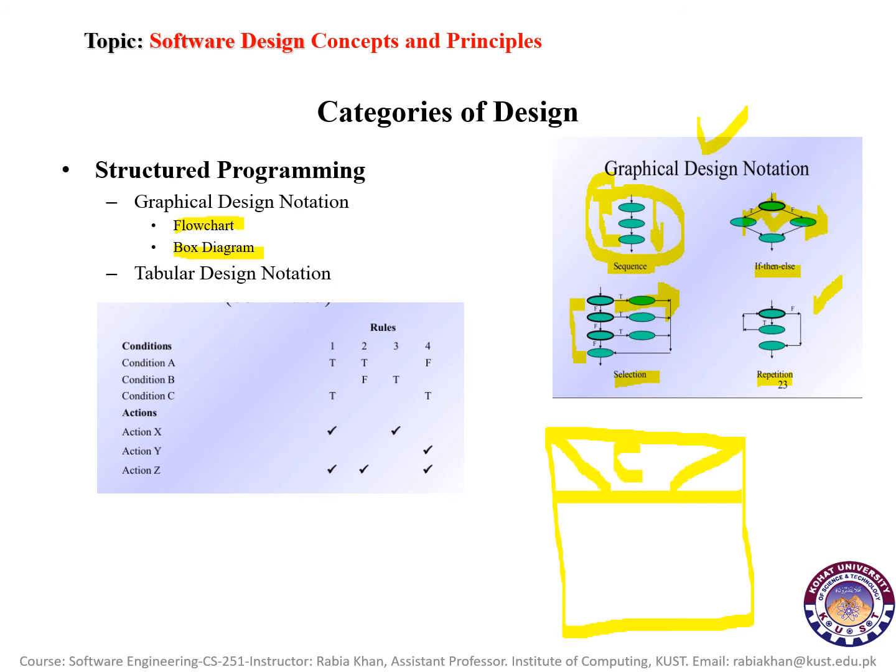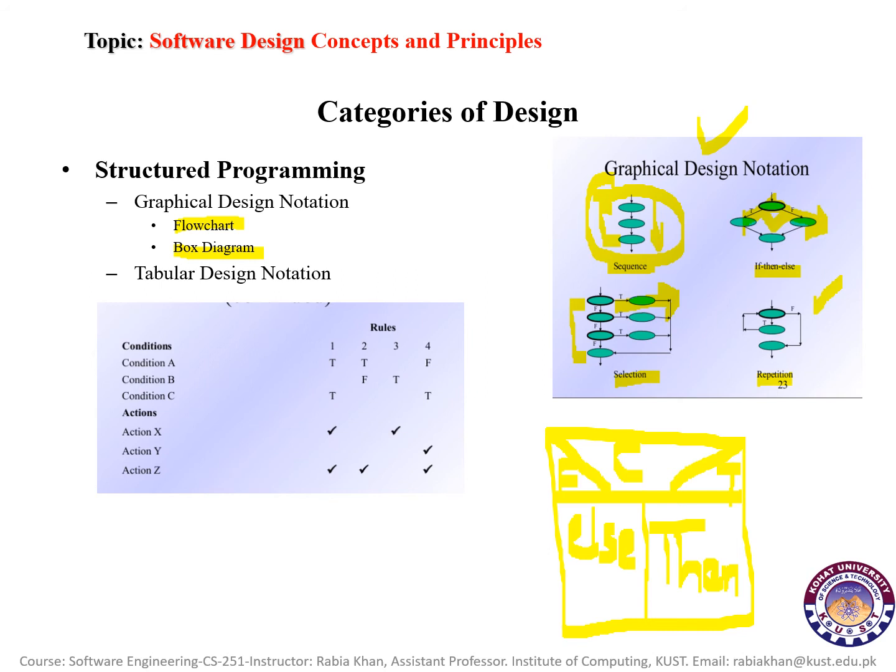If the condition is true, so the true path is here, and if the condition is false, the else part is written here, and you then separate the sequence of steps under true or false. So this is the then part. If the condition is true, then this, but if the condition is false, here it is the else part. So this is how we draw the if then else or the condition statement.